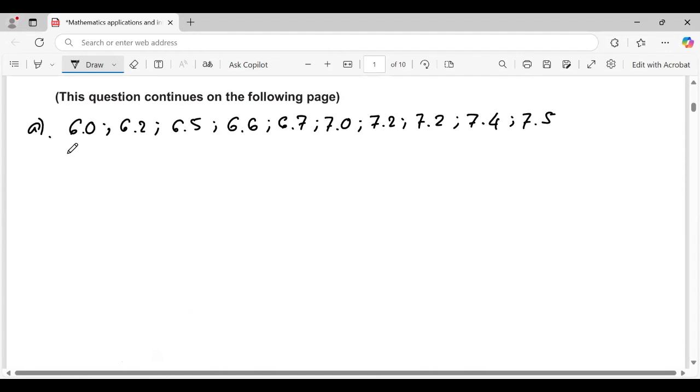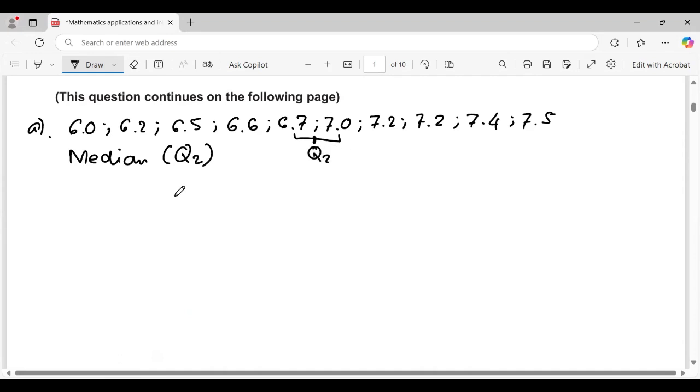The first step, we need to determine the median, or Q2. So there are 1, 2, 3, 4, 5, 6, 7, 8, 9, 10. It means we divide 10 by 2 equals 5. So the median, or Q2, is located here.